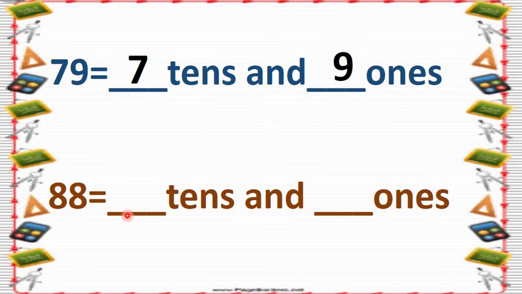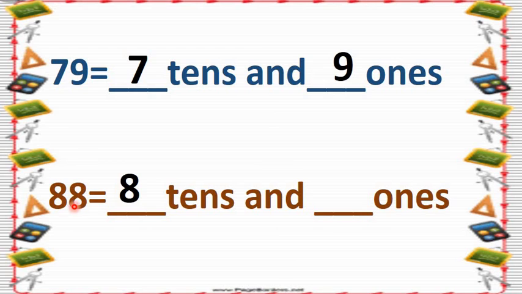88 is equal to dash tens and dash ones. So here we have both the numbers the same. How can we separate this? Think in your mind. First of all, number 8. We have to write 8 on the place of tens.